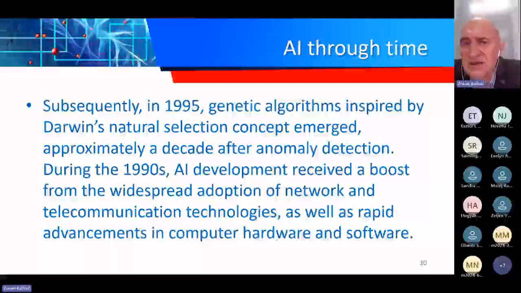In 1995, we got genetic algorithms, which were inspired by Darwin's theory of natural selection, and the 90s were also very, well, let's say popular or interesting because of the development of computer hardware and software.